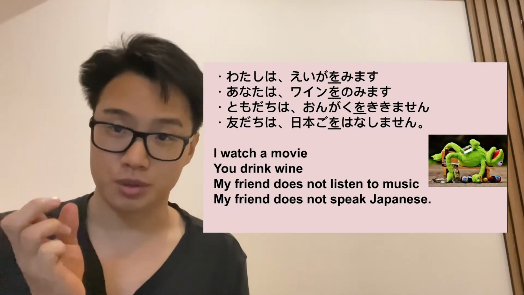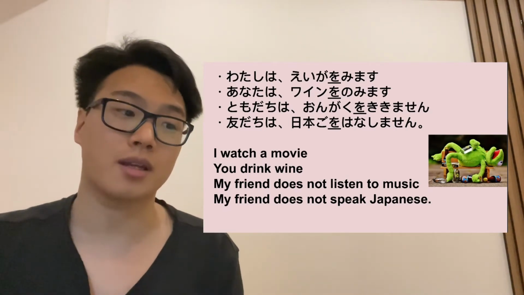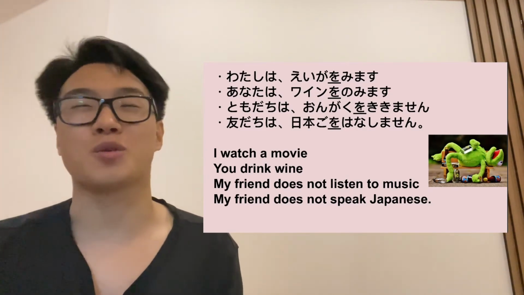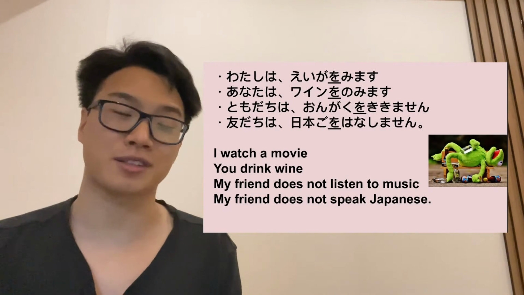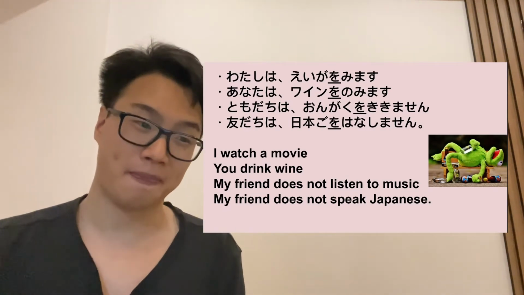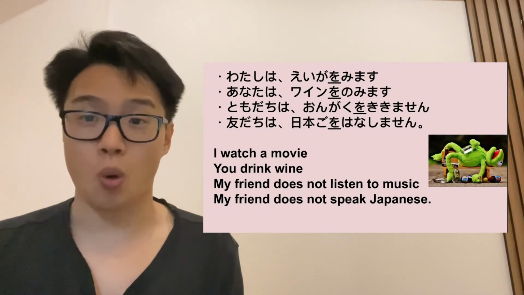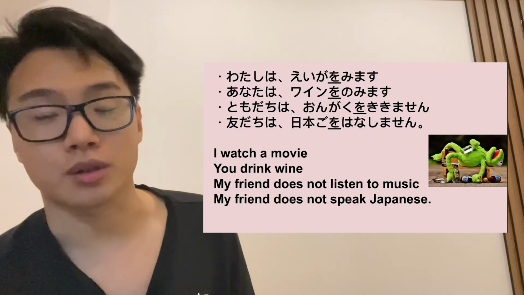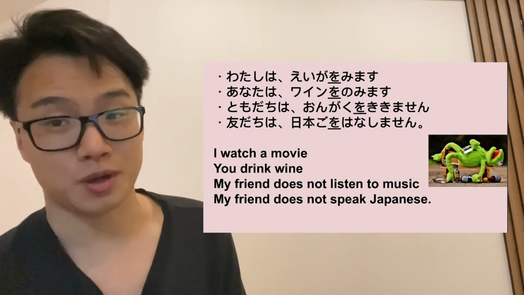Wine here is an object in the sentence. That's why we have to add o. We cannot say 私はワイン飲みます。I mean, Japanese people will understand what you mean, but it's not grammatically correct. 私はワインを飲みます。O, object marker.